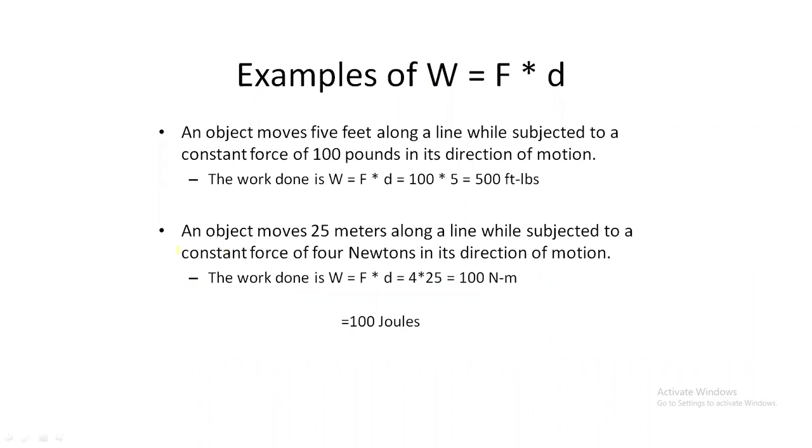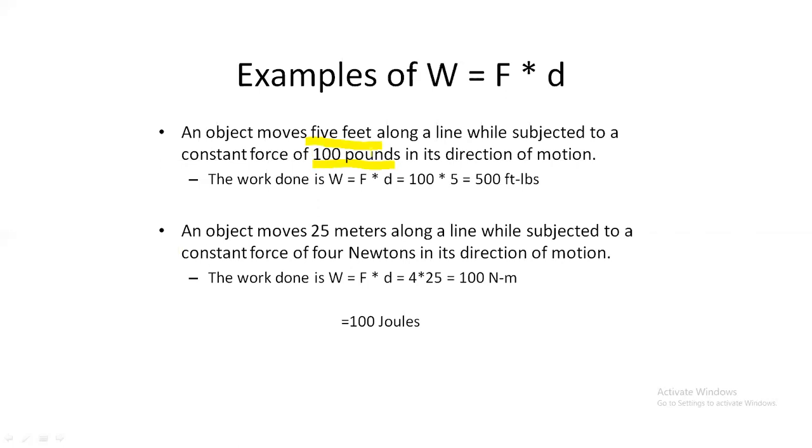So an object moves 5 feet along a line while subjected to a constant force of 100 pounds in its direction of motion. Take note that the force is 100 pounds and the object moves 5 feet along the line of the direction of the force.